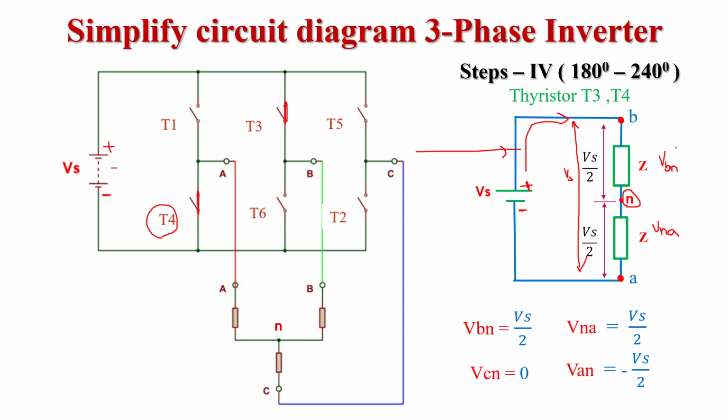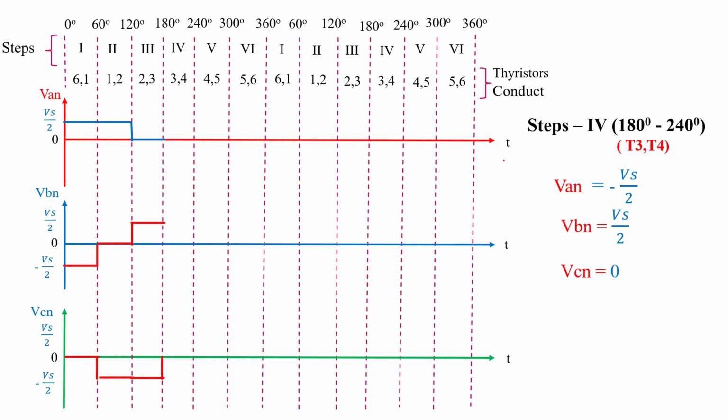Both are equal, Vs by 2. So here we see VBN is Vs by 2, VNA is Vs by 2. If we want VAN, that is minus Vs by 2. This time VCN equals 0 because here we see phase C thyristors T5 and T2 are both not conducting this time. Now we draw the waveform for step 4.